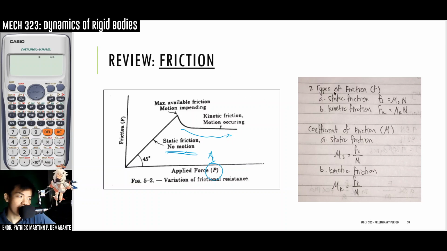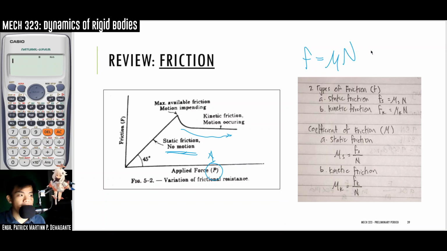Okay. We have two types of friction, static friction and kinetic friction. The general formula is friction equals mu, or the coefficient of friction. This may be kinetic or static.